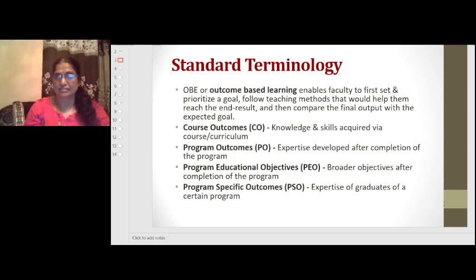Like that, the teacher first prioritizes her goals, then she takes different methods of teaching to make the students understand and get the right outcome based result, and then compares the final output she has reached from the students with the expected goal.